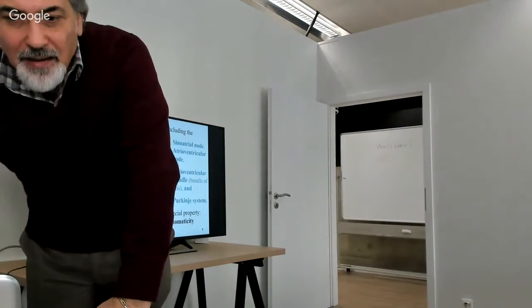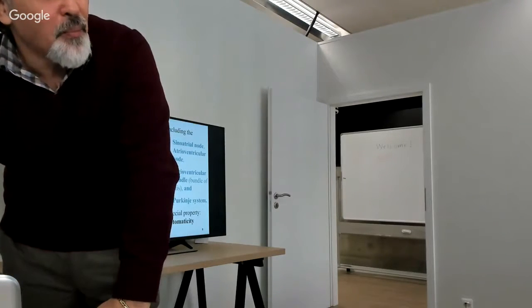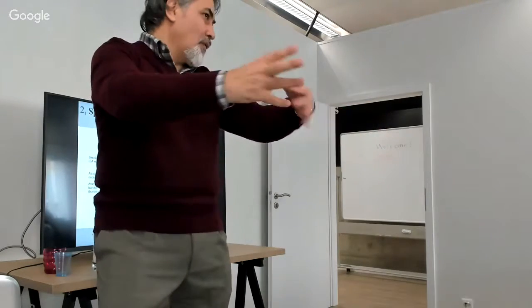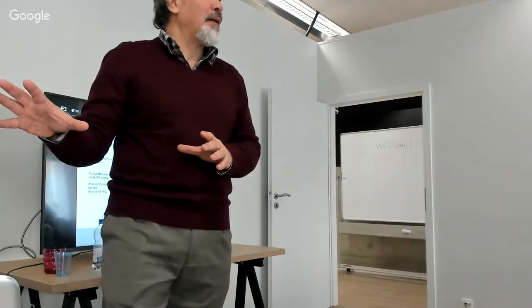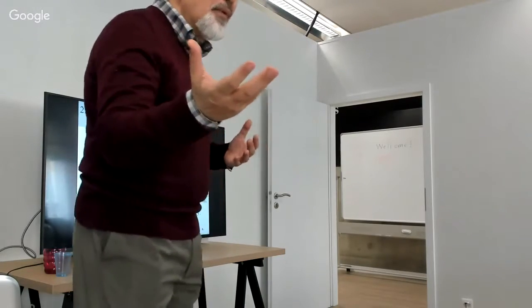And the sinoatrial node is the fastest and imposes this rhythm, because the impulse generated there travels more or less quickly, in some points quickly, in some points slower, but reaches the cells before they can have their automatic activity. And so all the cells are depolarized by the propagation of the impulse.